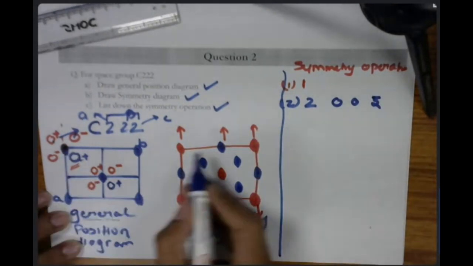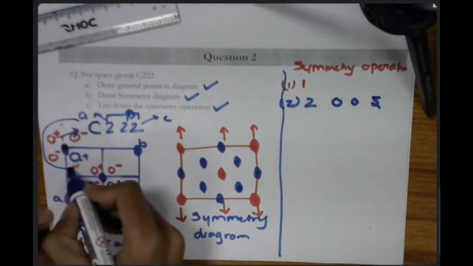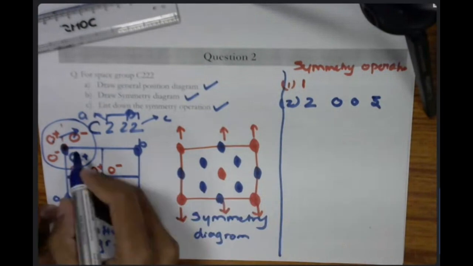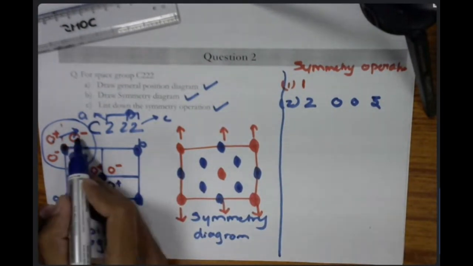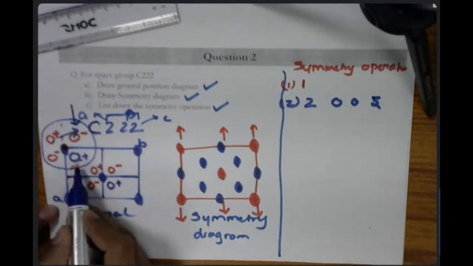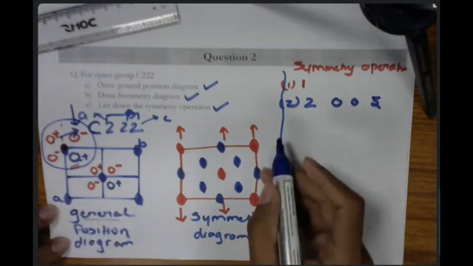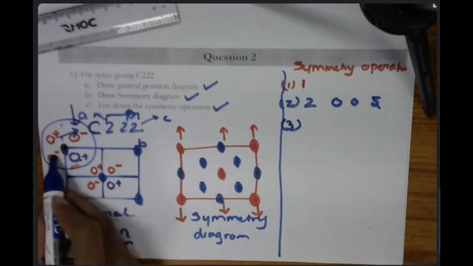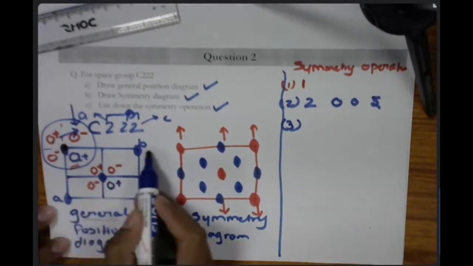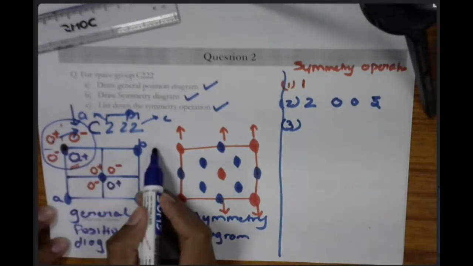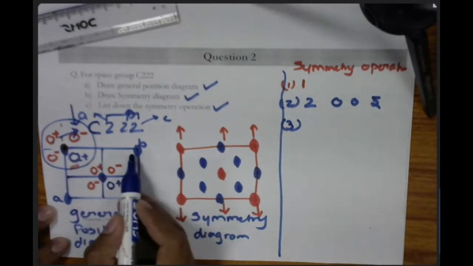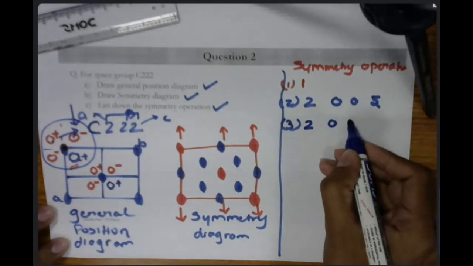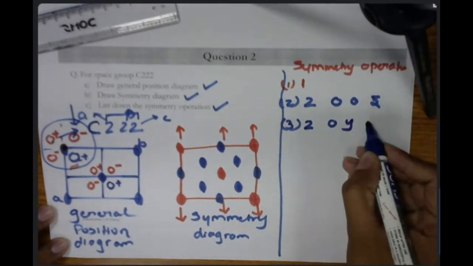So this we are writing for this particular set over here. Now, what about the third point? How can one get this particular point? Starting from this particular point, we can rotate about this particular axis. This axis is nothing but the b axis, the y axis. There is a twofold about the y axis: 2, 0, y, 0.